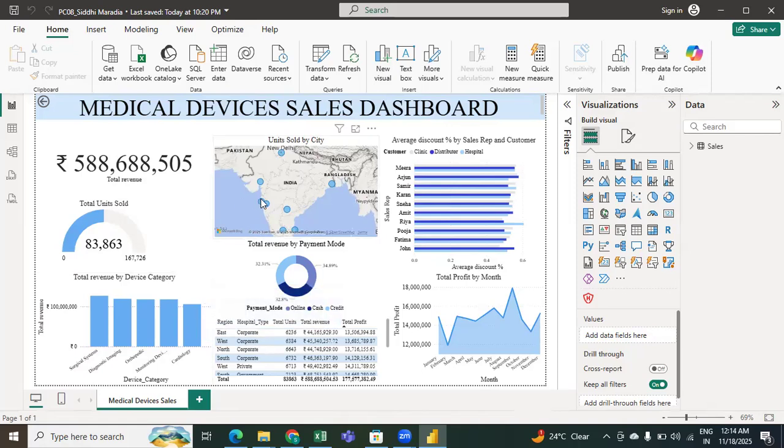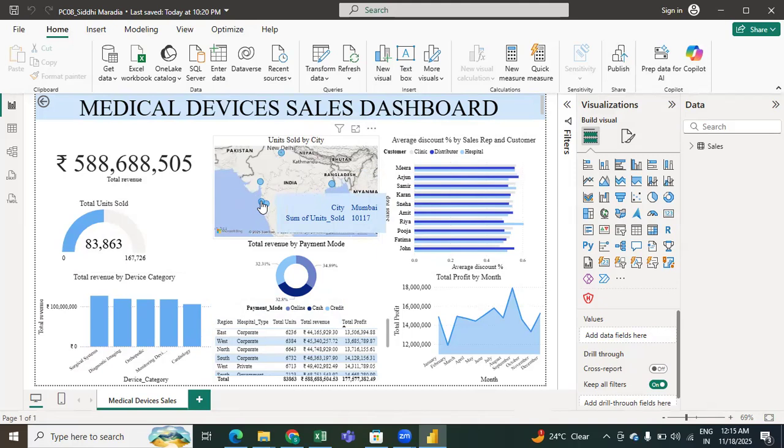Then here we can see the map, a global map showing the number of units sold by region or city. Looking at Mumbai, the number of units sold is 10,117.